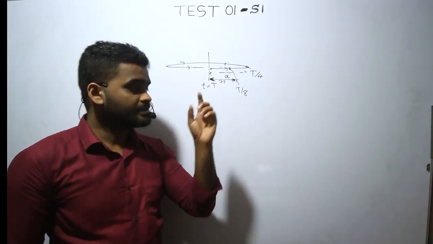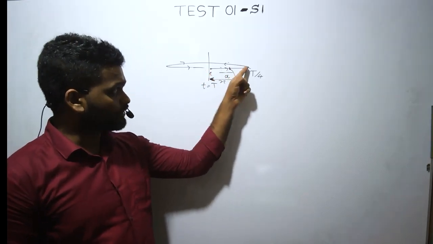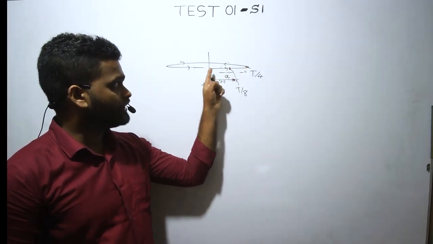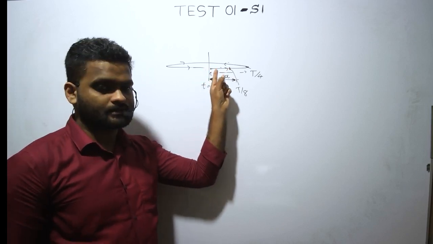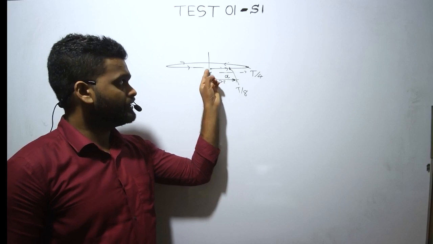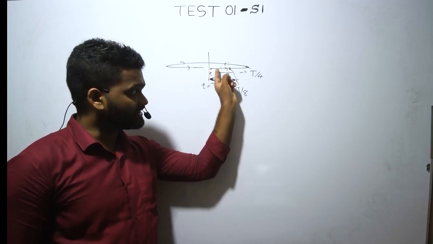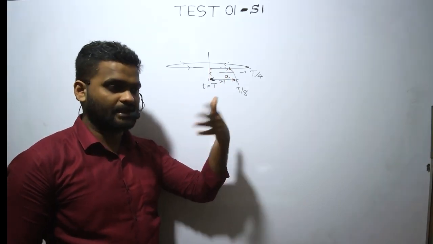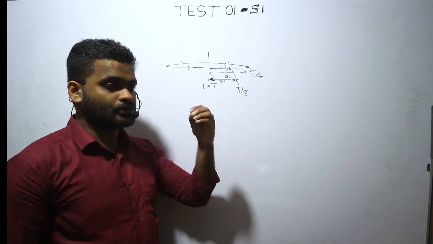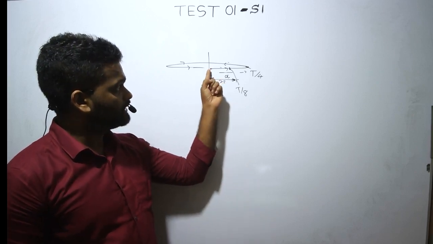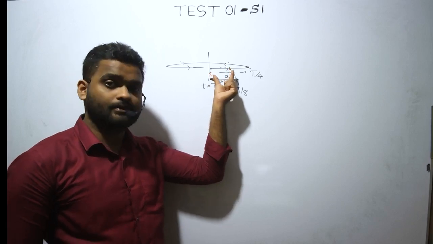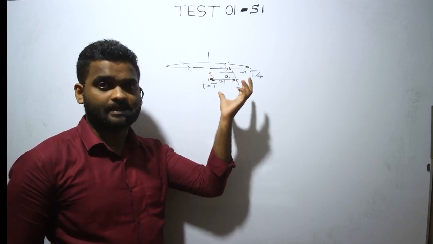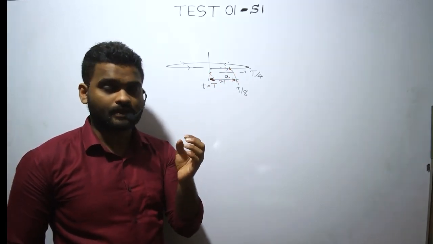The reason is this motion is not uniform. In simple harmonic motion, nothing is constant. Displacement changes, velocity changes, and the acceleration also changes at every moment. So you cannot say if the time is half, displacement also should be half. You have to clearly understand that, right?